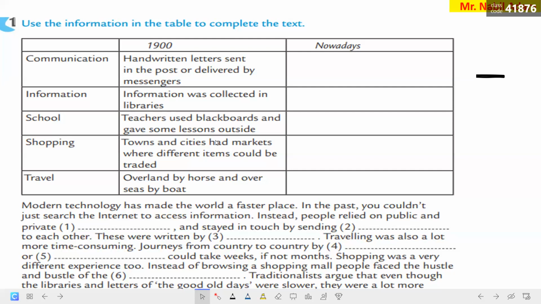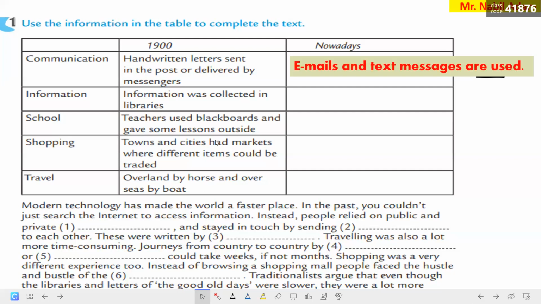Shopping was a very different experience too. And instead of browsing a shopping mall, people faced the hustle and bustle of the cities. Traditionalists argue that even though libraries and letters of the good old days were slower, they were also a lot more. You are going to complete with these words.